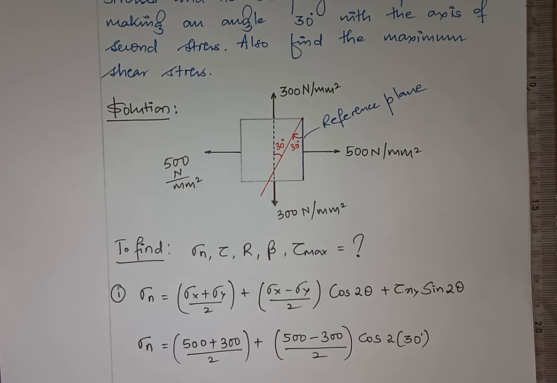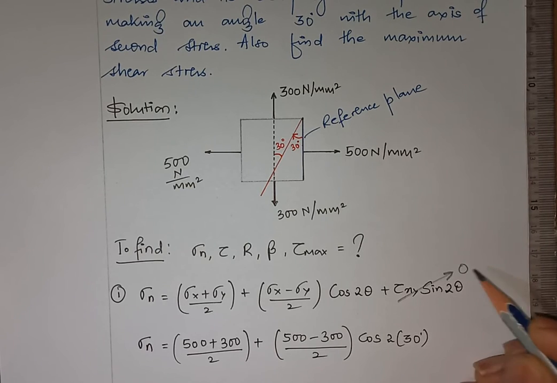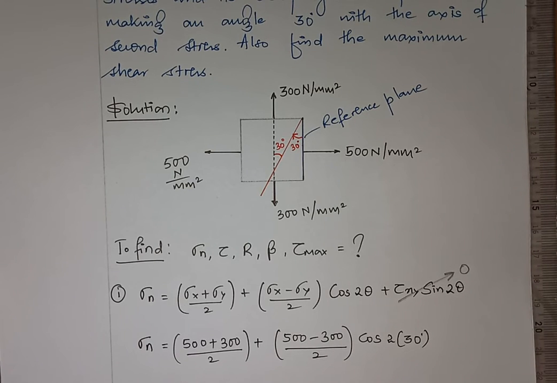I told you why it is plus 30 degrees. Tau xy is not given to us in the problem. Whenever any term is not given, it means that its value is 0. So the entire term becomes 0.